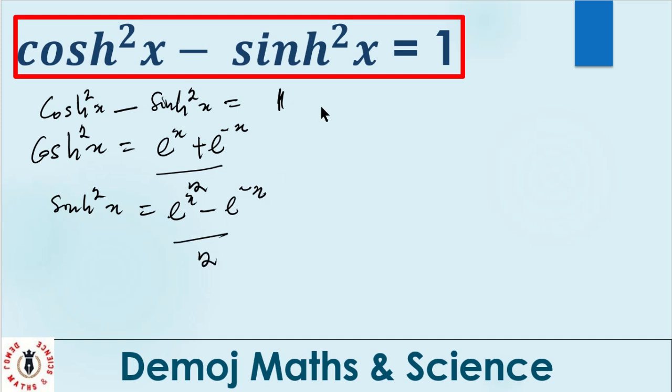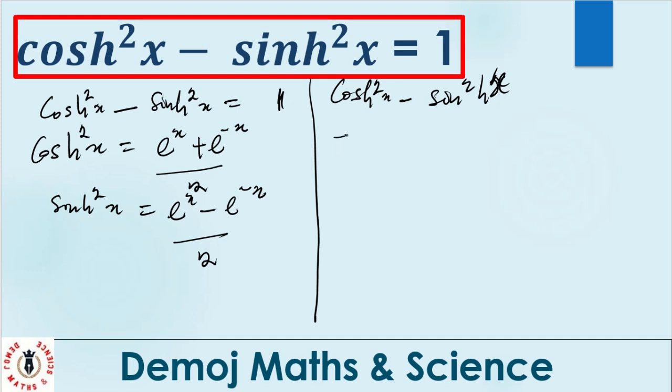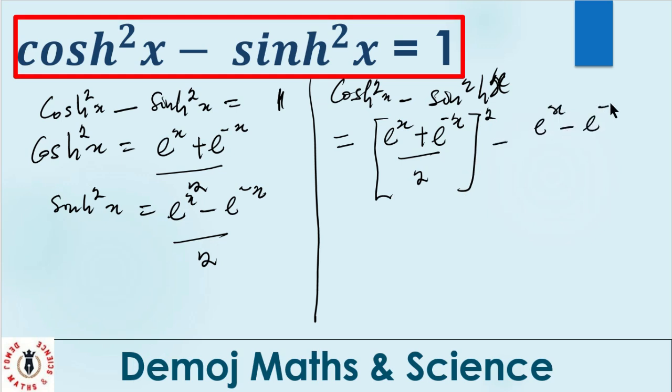Now, if I have cosh squared x minus sinh squared x, this will be the same thing as having e raised to power x plus e raised to power minus x over 2. Remember there's a square on it. This will be all squared minus sinh squared x, which is e raised to power x minus e raised to power minus x over 2. This is all squared.